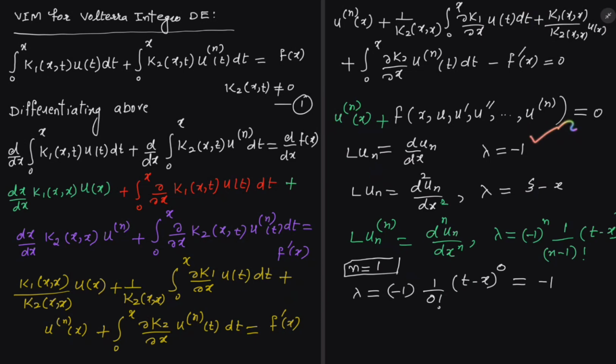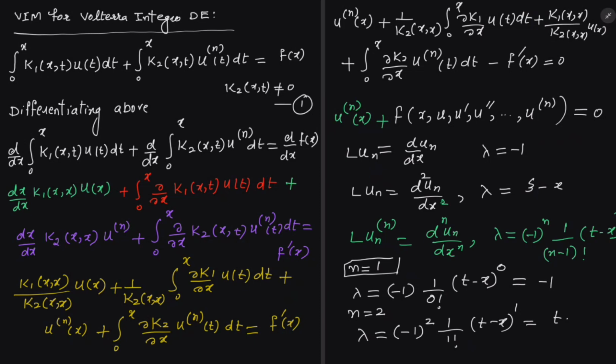Similarly, when n is equal to 2, then lambda is equal to (-1) squared times 1 over (2 minus 1), which is 1 factorial, times (t minus x) to the power 2 minus 1, which is 1.